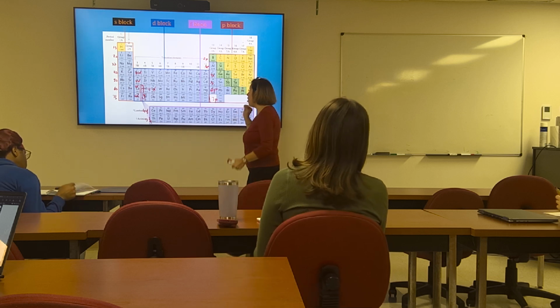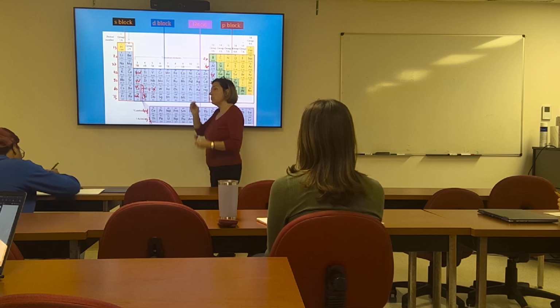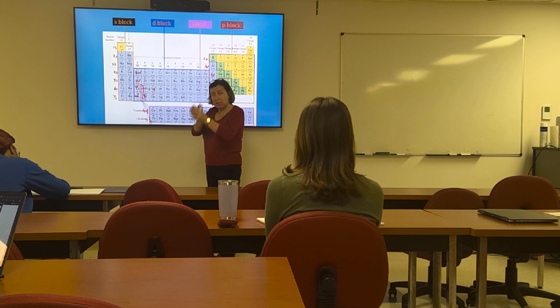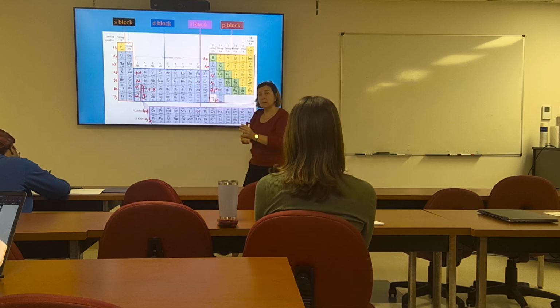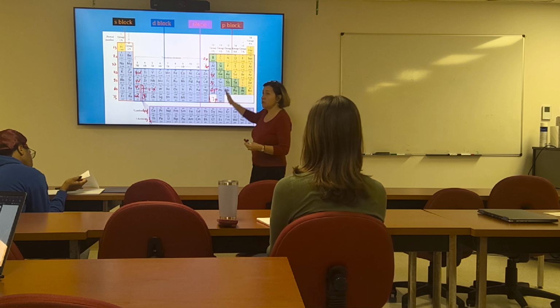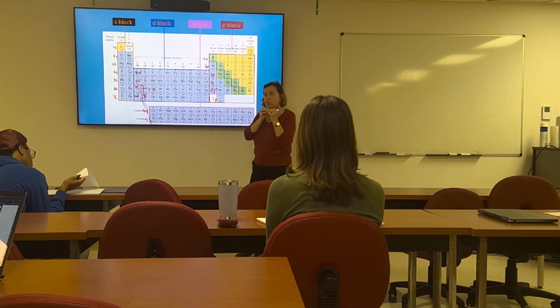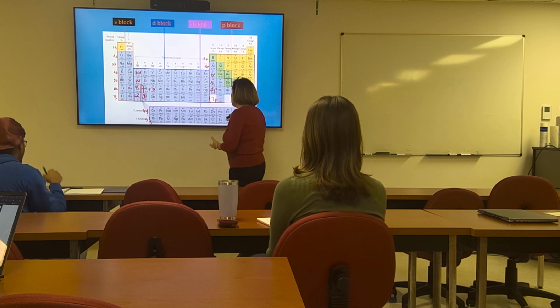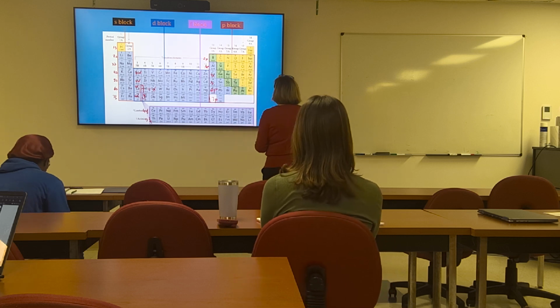That's why elements in a group are considered a family, because they behave in the same chemical and physical way that is dictated by the valence electrons. They have the same valence electrons in the same orbitals. That makes them very, very close in terms of behavior. That's why they're called families. Okay? So that's another thing that I wanted to tell you.